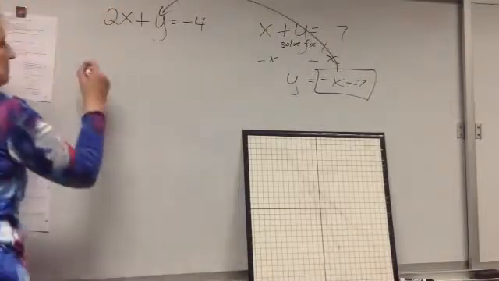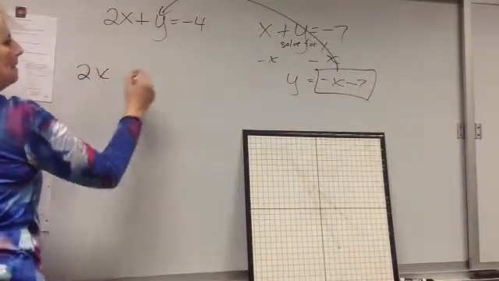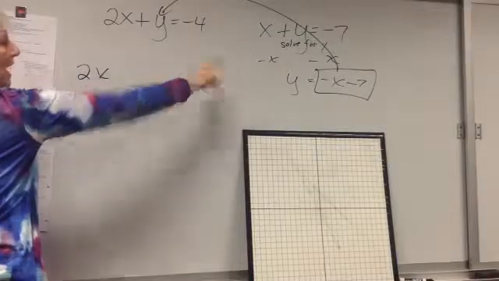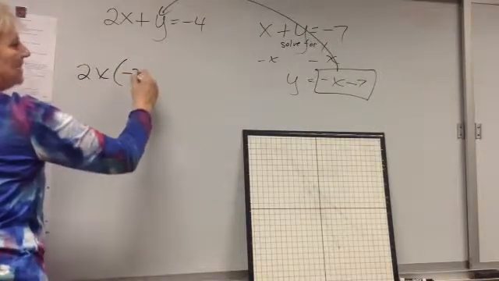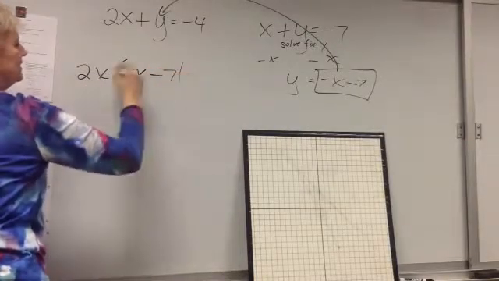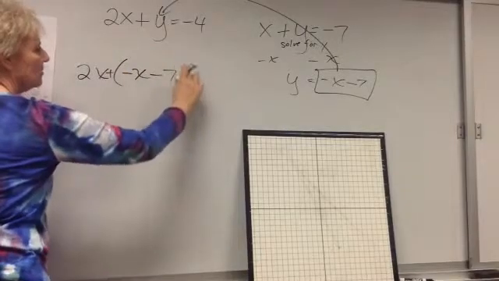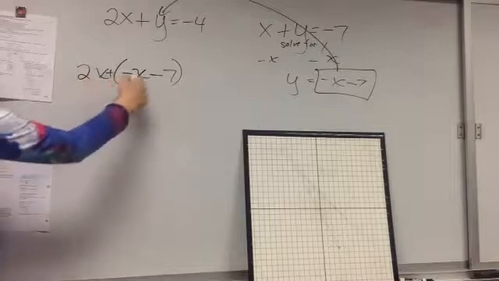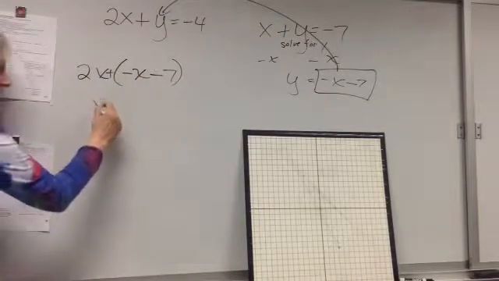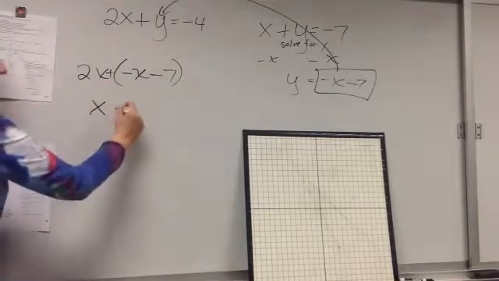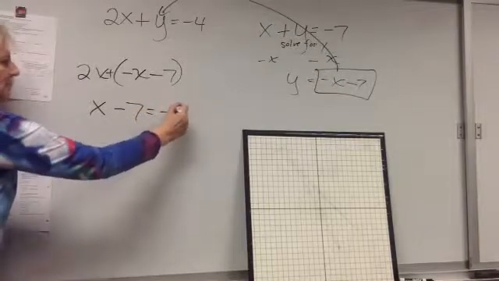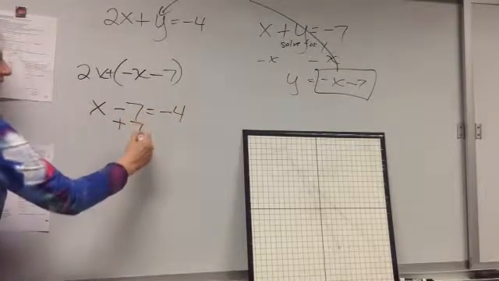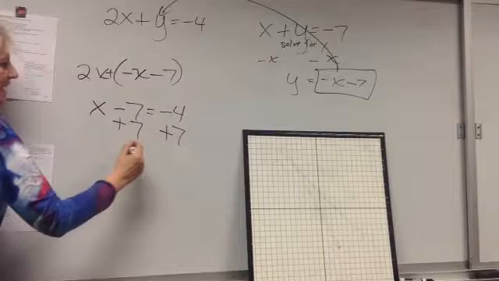All right, so 2x, instead of y, I'm going to write negative x minus 7. Nice parentheses. So, what's 2x minus x? X minus 7, negative 4. Add 7.